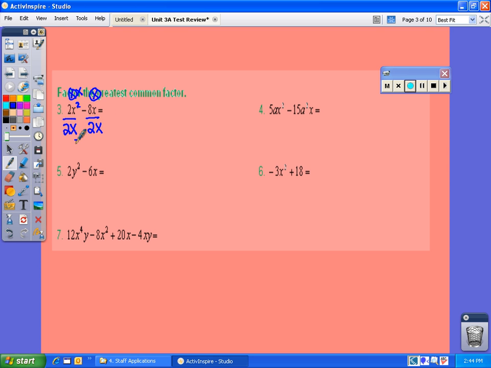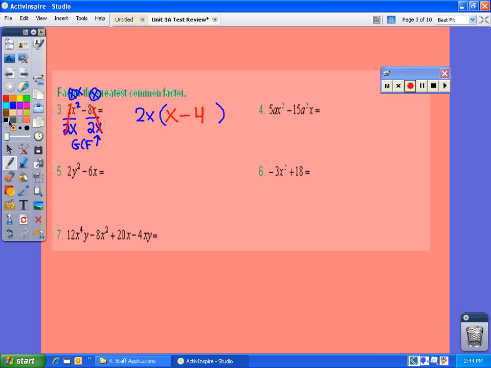Once you figure out your GCF, you place it on the outside of a set of parentheses. Inside the parentheses goes your answer. So the 2's here will cancel out and you're left with 1x. The x's here will cancel out and you're left with 4. Making the answer to this question 2x times x minus 4.